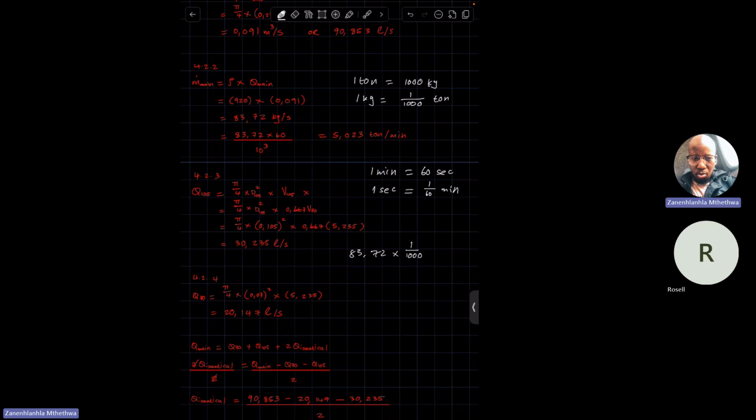That is to convert from kilograms to tons. Get that part, right? Yes, sir. And then remember that this whole thing is over seconds. Then converting from seconds to minutes, you replace the seconds with the 1 over 60. So here you have 1 over 60.